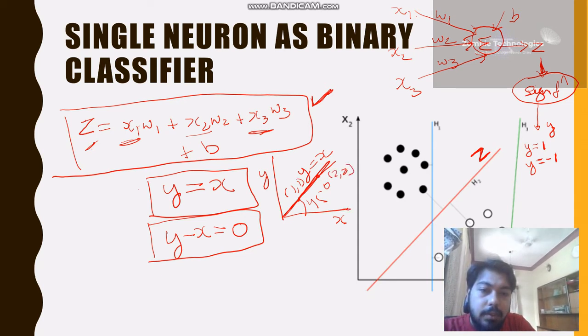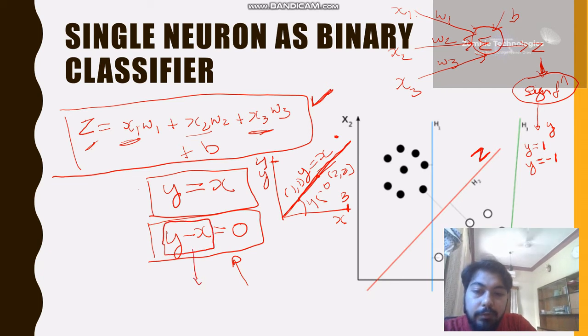If I take the value of x as 3 and the value of y as 4, the point would lie somewhere here. It is not on the line, it's basically above the line. When I put this in this equation, I would obviously get a positive value, right? Because y is 4 and x is 3, so 4 minus 3 would be plus 1.